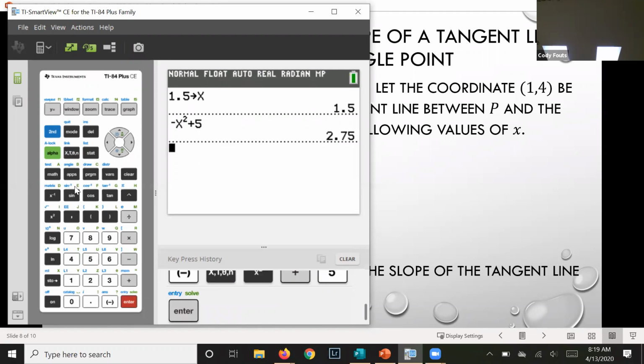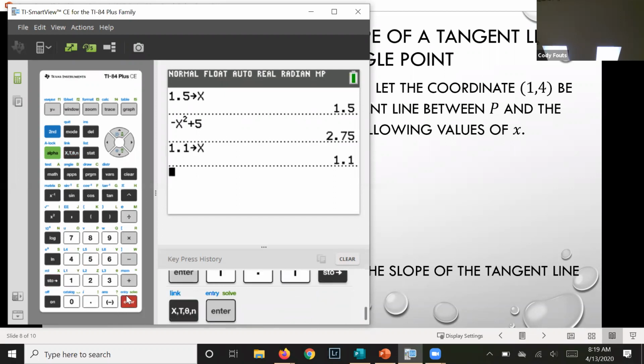When you have to evaluate other numbers then, like say the 1.1, all you have to do is press 1.1 store x plus enter. And then if you hit second and enter, notice that right above it there's this word entry, and what it'll do is recall previous entry. So if I press it once, it takes me back to the thing I just put in. If I do it again, it'll take me back to what I had before.